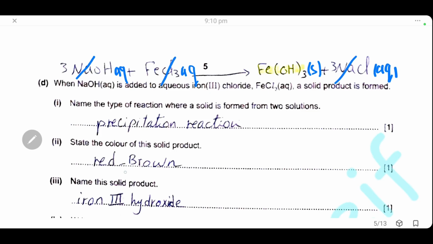And also chloride ions. They were in aqueous state here in the reactant and exit the same way in aqueous state. So what will be left here? Hydroxide ions, iron 3 ions, and the product which is iron 3 hydroxide.